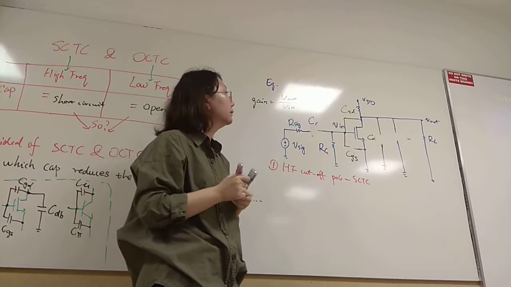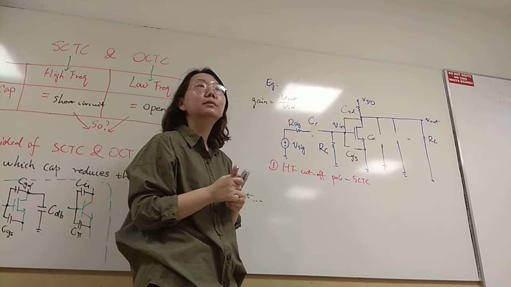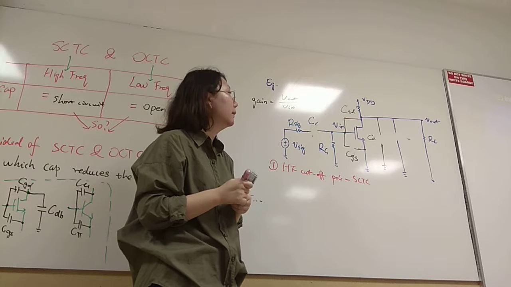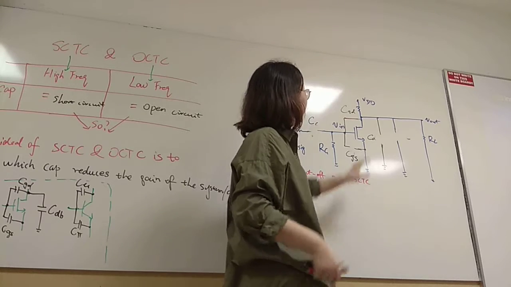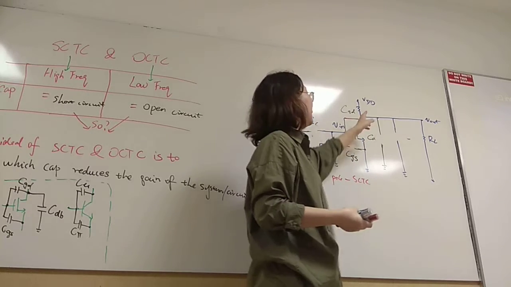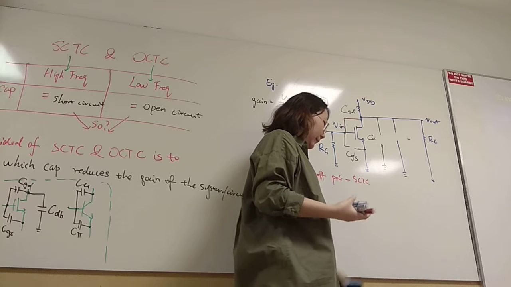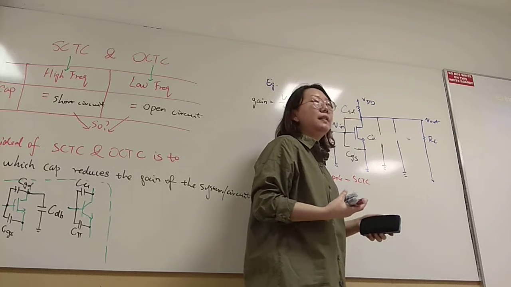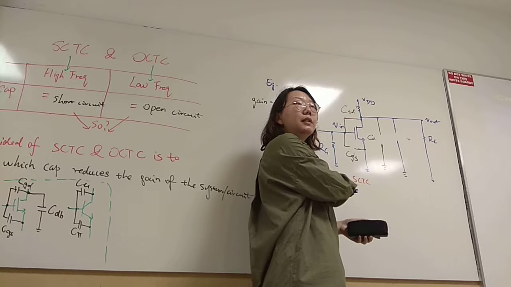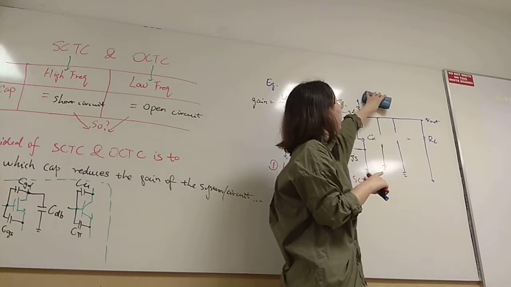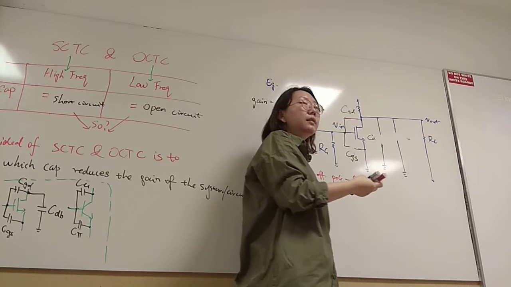Connected to your VDD. Oh, by the way, one thing I forgot to mention: before you do all this, you need to remove all your DC sources, because we are doing AC analysis, high frequency. So you need to remove all your DC sources, which means VDD is a ground.